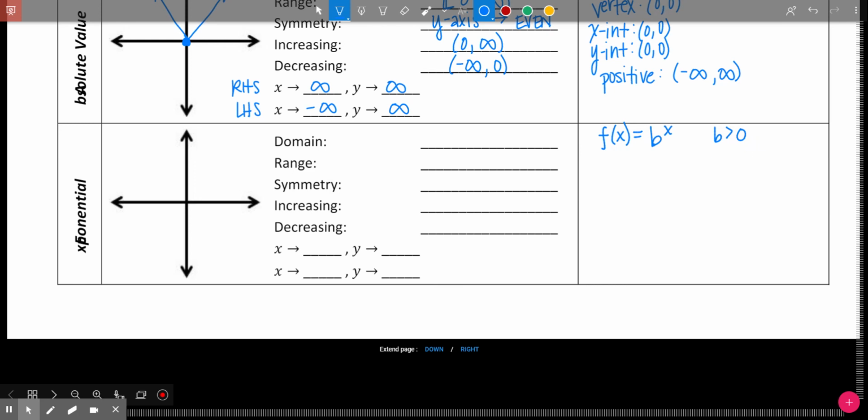In order to be an exponential growth function, you have to be greater than 1. So your y-intercept is always going to occur at the point 0, b, whatever that b value is.